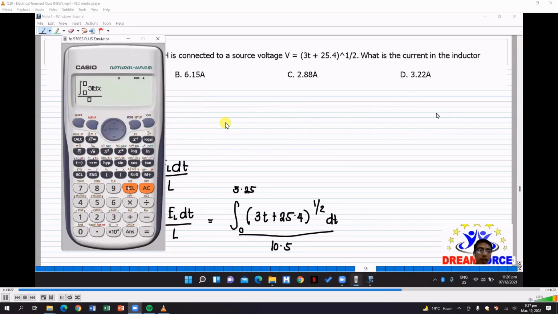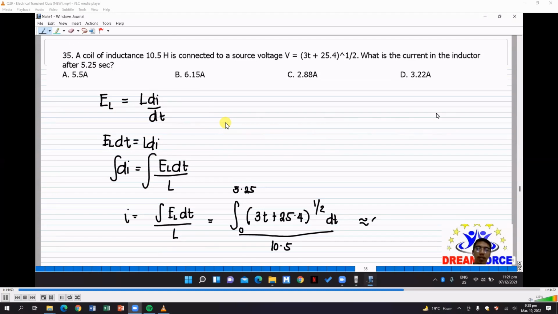So integral ng quantity 3x plus 25.4 raised to 1 half, from 0 to 5.25, then over 10.5. Okay, so we have 2.88 amperes. That is letter C.